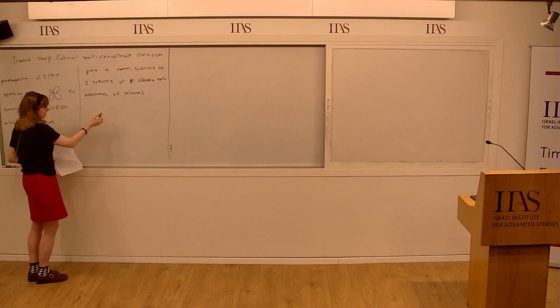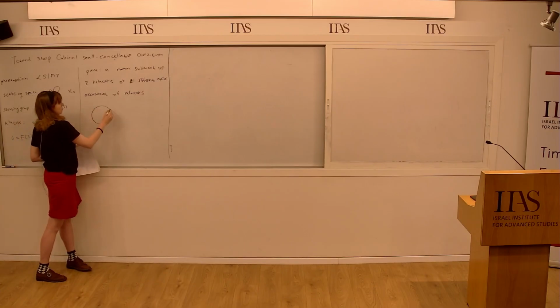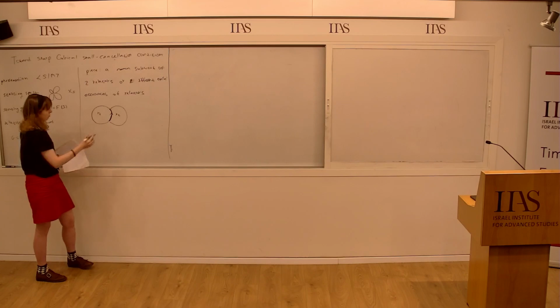Geometrically, we can imagine two circles. This is R1, this is R2, and we have a subword here that they both have. Let's call it P.